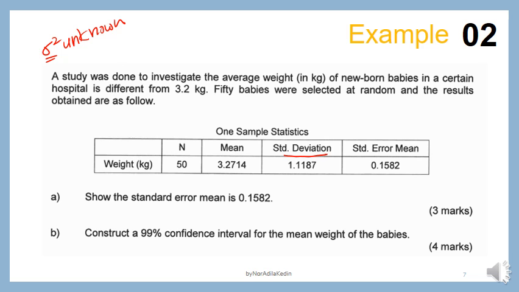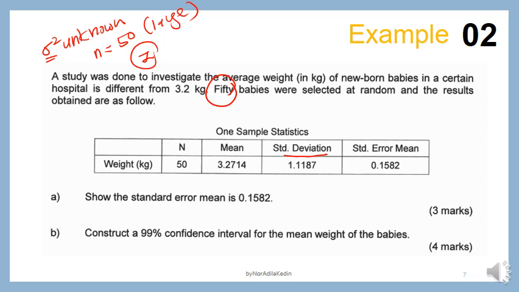So when the population variance is unknown, we need to look at the sample size. Here your sample size is 50, a large sample. If large sample, refer to the Z table or standard normal distribution table.